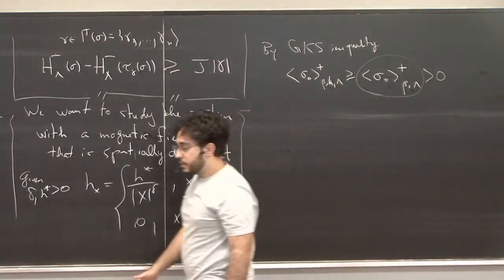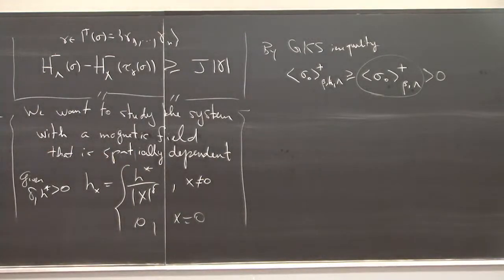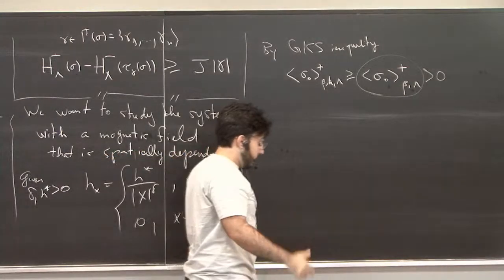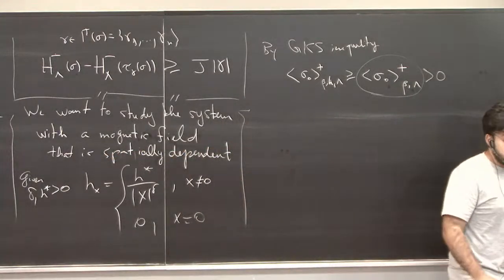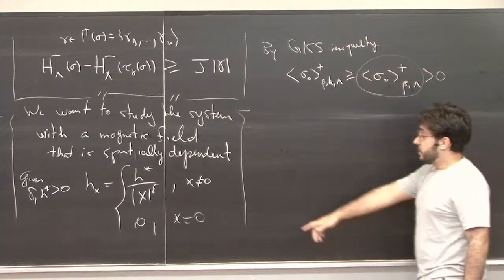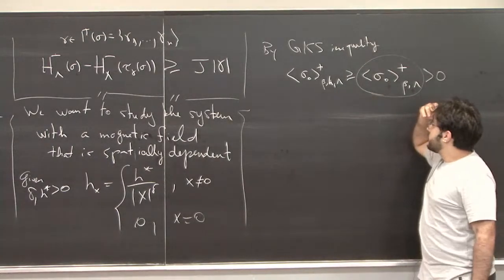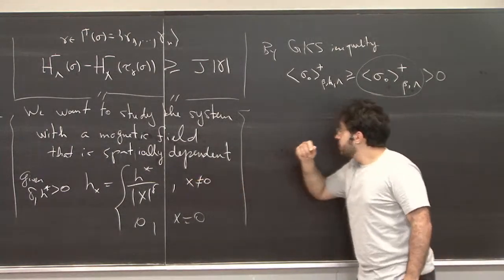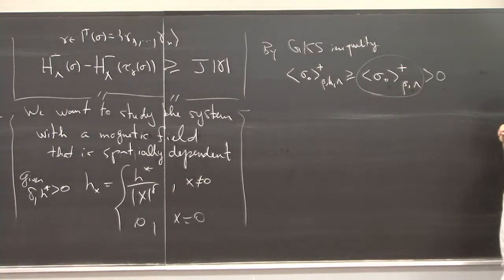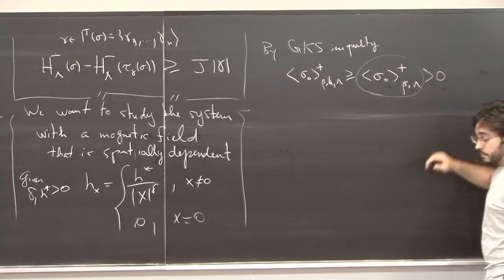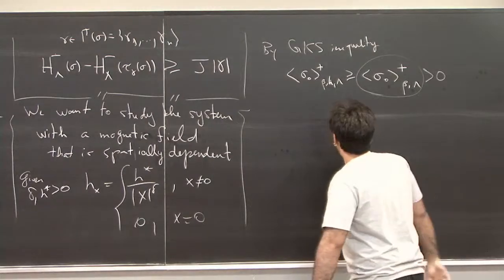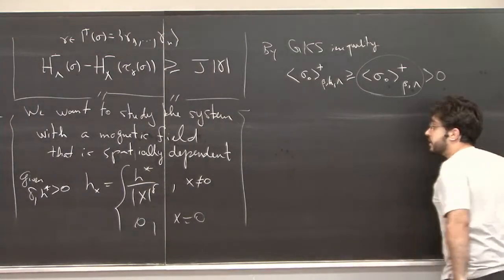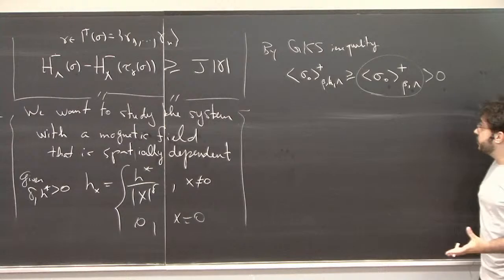This is no surprise. Since the field is positive, it is trying to magnetize the system in the direction of the field. So in the plus boundary condition, since it agrees with the field, this implies this. But what happens when we add the field is that there is no spin flip symmetry anymore.